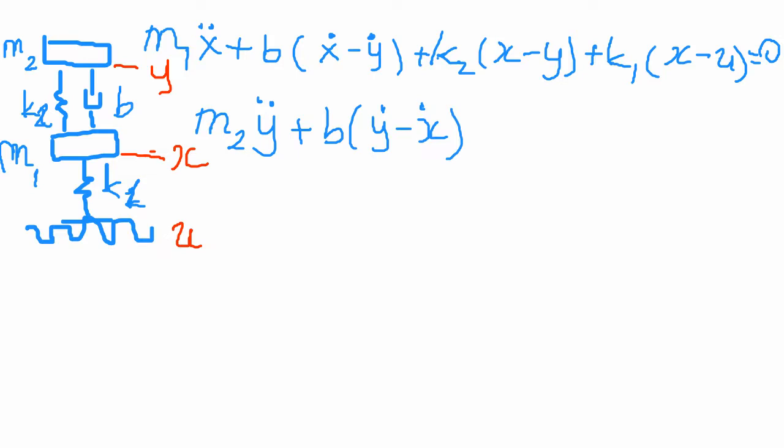Is there anything else here? Ah, there's also k, plus k2 times y minus x, which is equal to 0.